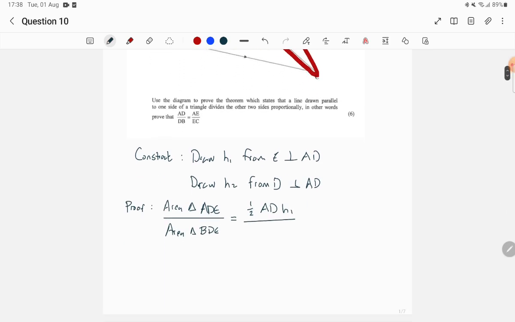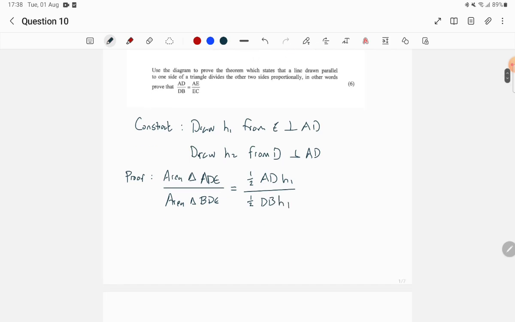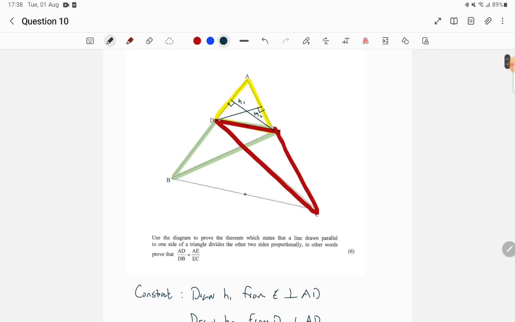So that's how that helps us here. So this would be half DB times H1. And then we can see the halves cancel out and the H1s cancel out. And what we are left with is AD over DB.